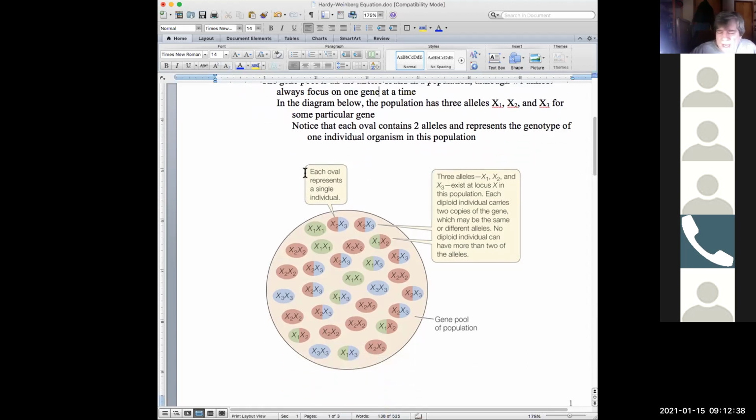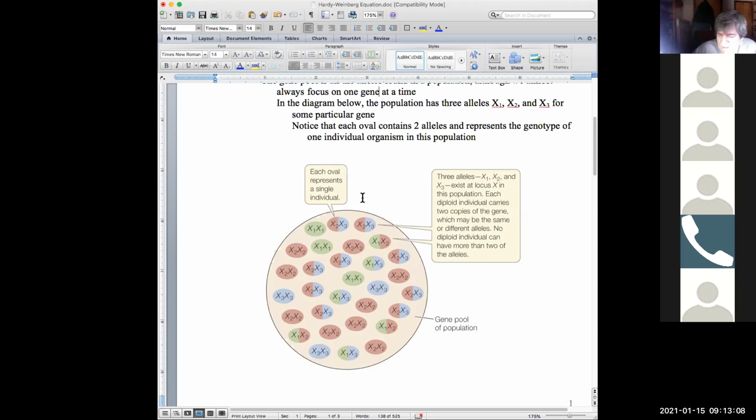So here we have a diagram of a gene pool, and we have a bunch of ovals. Each oval represents an individual. Notice that the individuals have X with subscripts in them. This is not an X chromosome characteristic. They're using X like we do in math, as a variable to indicate something else. There are 3 different types of X's in here, in different colors.